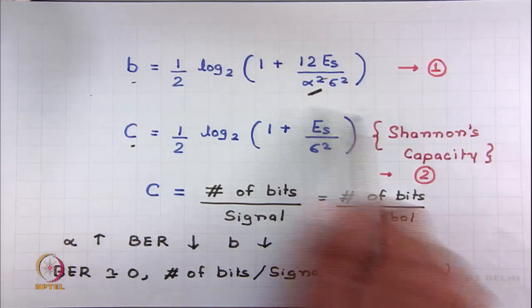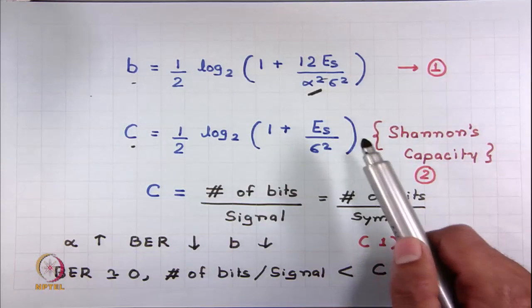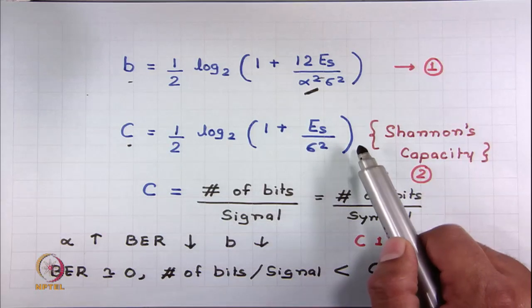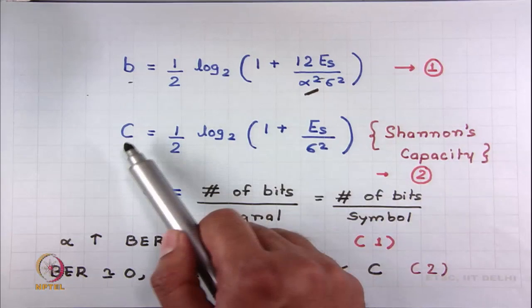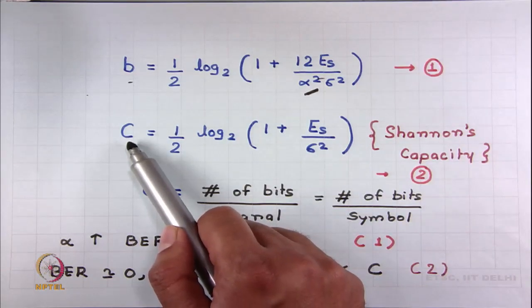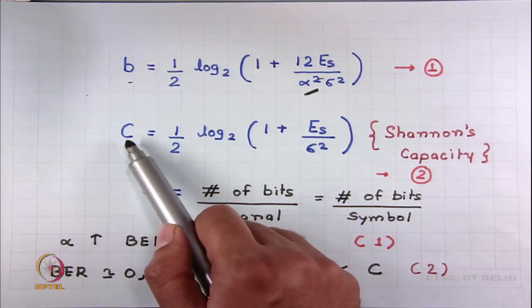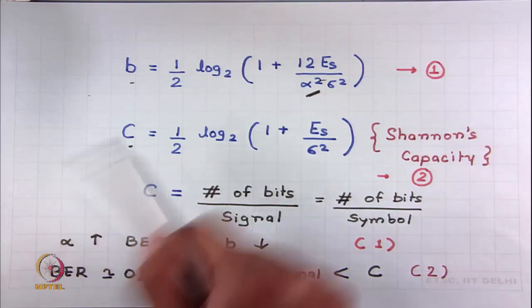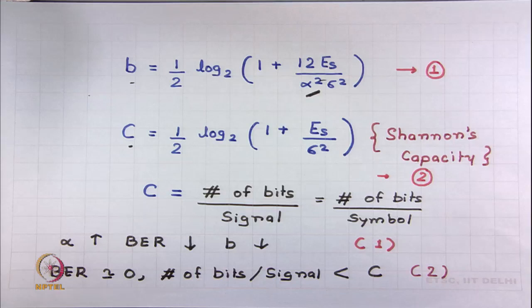whereas this formula says that if you are designing a modulation scheme or system where the number of bits per signal is less than C, where C is the channel capacity, and that is why we use the letter C, then you can make your bit error rate go down to practically 0 or arbitrarily very small.